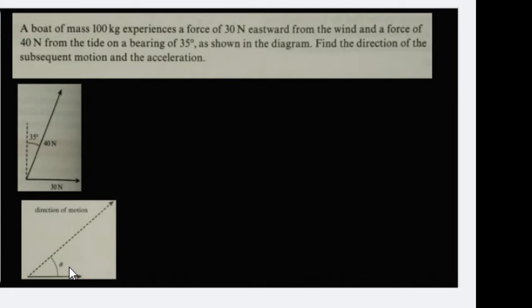So when we're going to add vectors, it is equivalent to drawing them end to end. So what we're going to do with the forces on the original diagram is that we're going to draw the forces end to end. So it means that we are just adding the vectors.